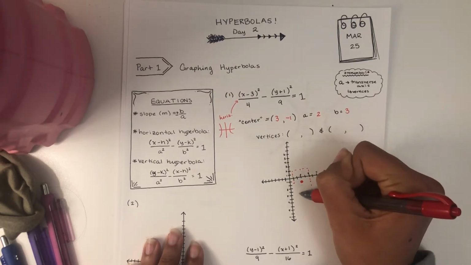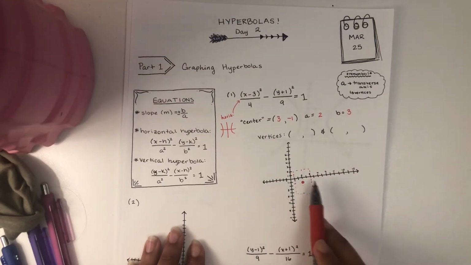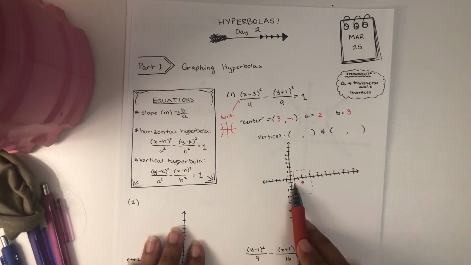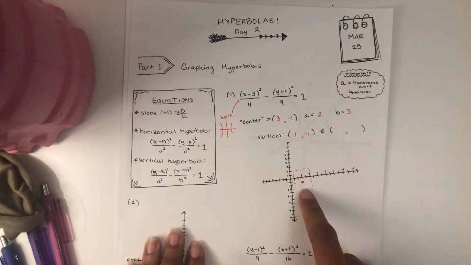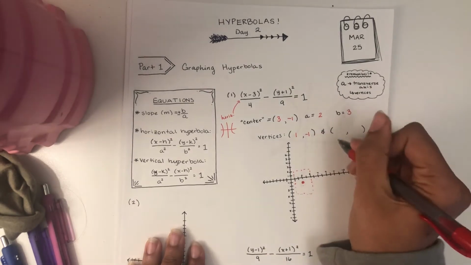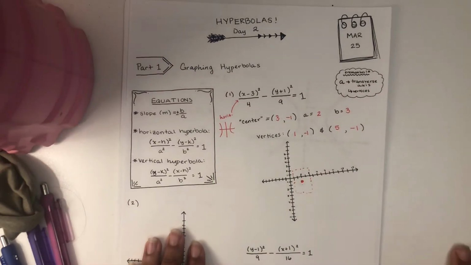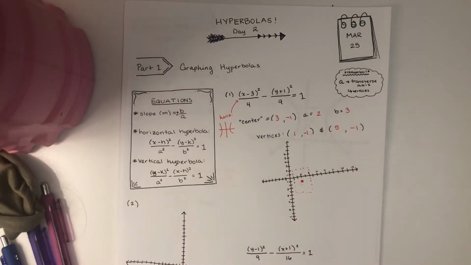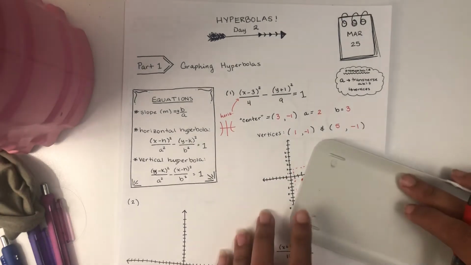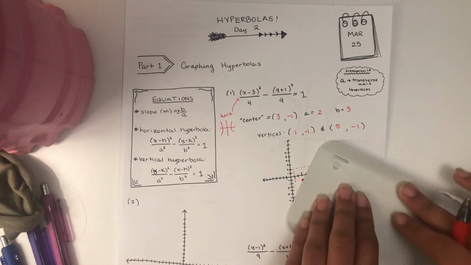Hopefully you remember the box from the flip math video. All right, so this is the box. Our vertices were on the end of the A, so this would be 1, -1. And then this one would be 5, -1. All right, perfect. So you're going to try to draw your asymptotes, which go through the center and corner to corner of the box.